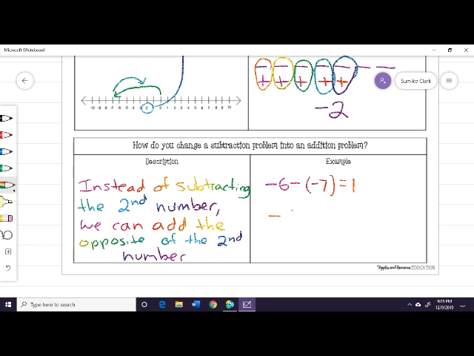So we have -6, and we're going to add the opposite. The opposite of -7 is +7 equals 1. Then of course you don't need both the plus and the positive there, so we can simplify that to -6 plus 7 is equal to 1.